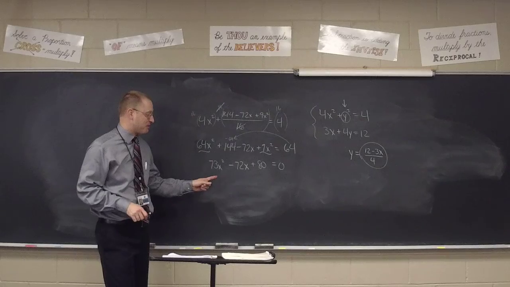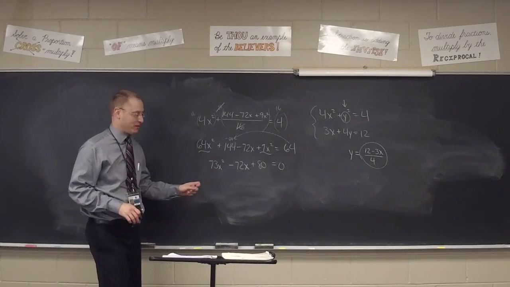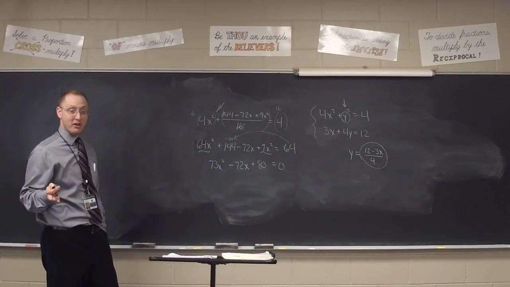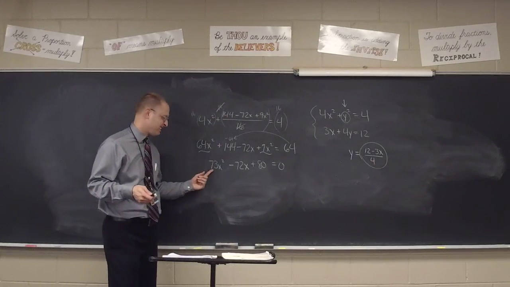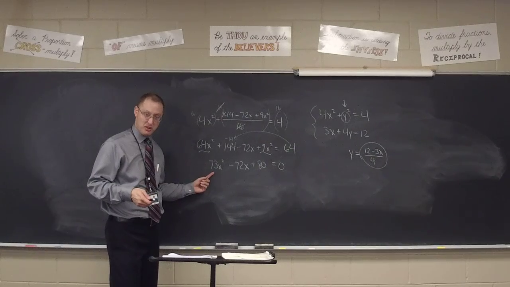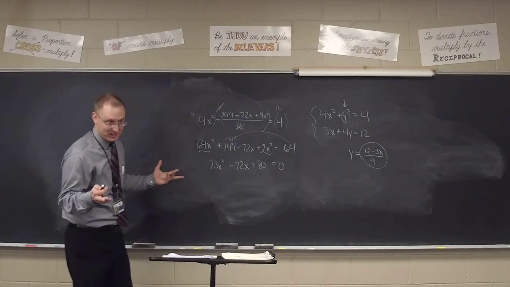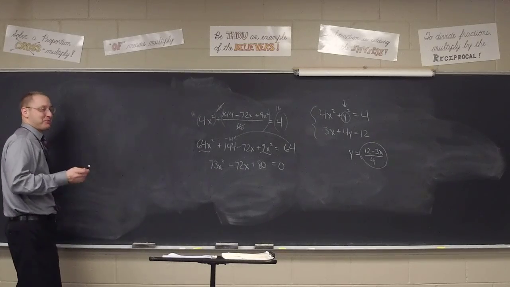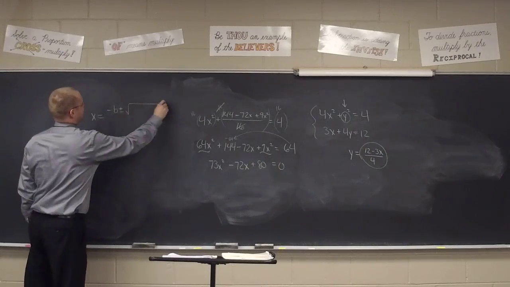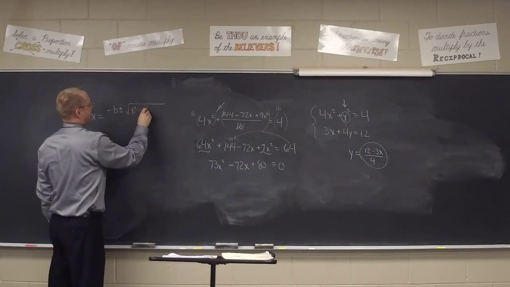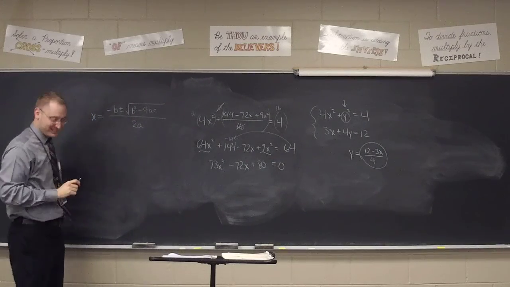Normally my next step would be to factor. No. All right, so that means my other options are complete the square, but with a 73 in the front, that has to be factored out first. So my other option is to use the quadratic formula. x equals negative b plus or minus the square root of b squared minus 4ac all over 2a.